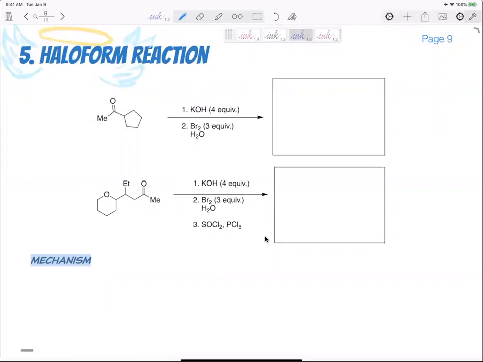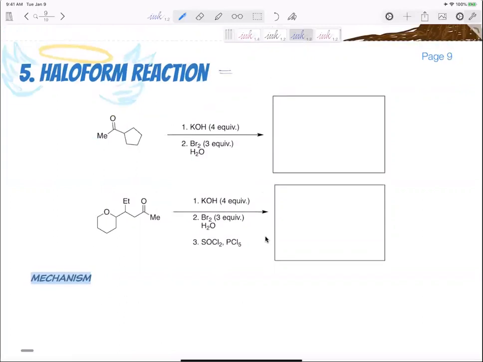All right, now we're going to talk about the haloform reaction. Haloform reactions form carboxylic acids. Formation of carboxylic acids, which means that whatever R group you have here and here, you just have to replace it with an OH.